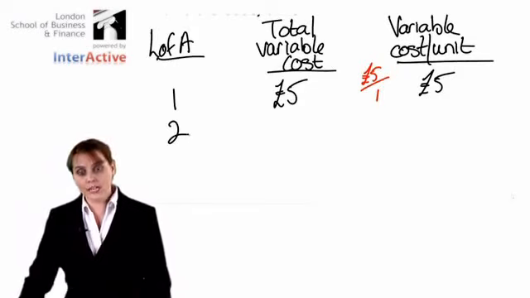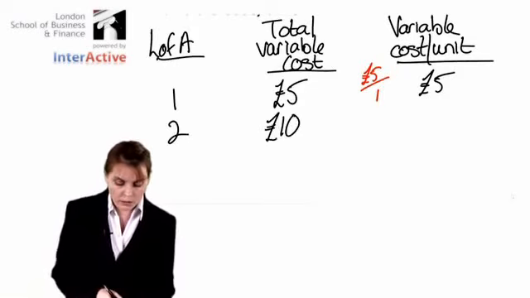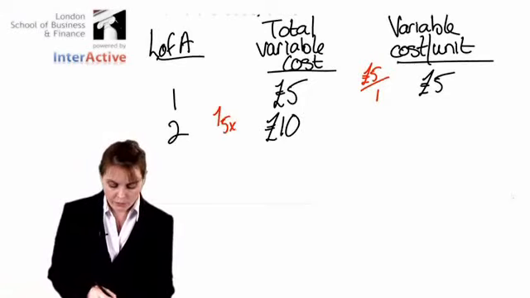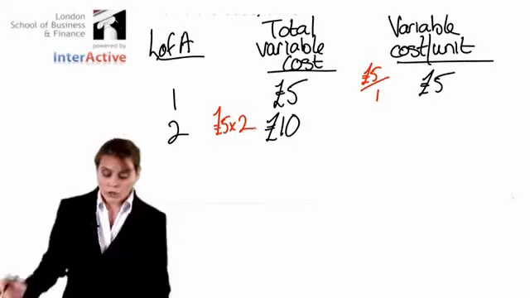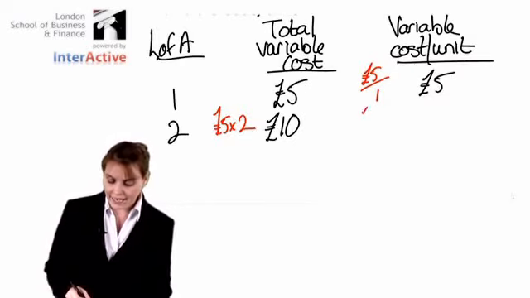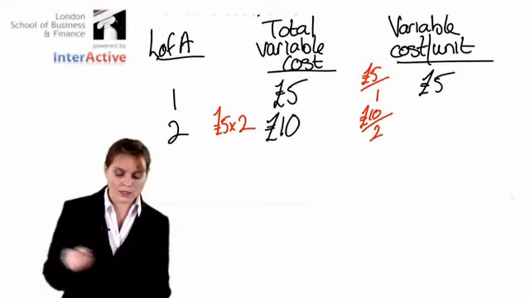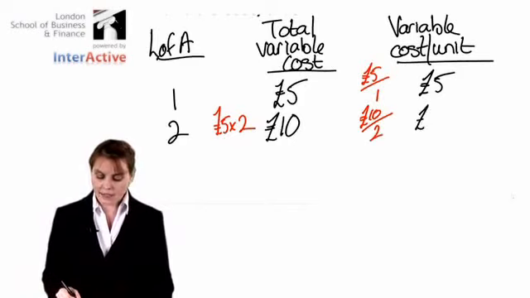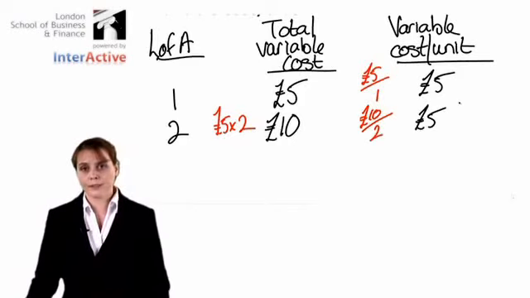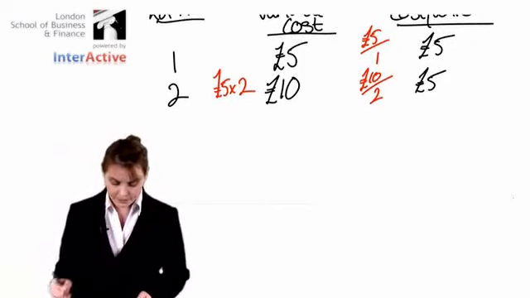So if our activity has doubled, our total variable cost will also double. So it'll be £5 times 2. So if we calculate then our variable cost per unit as total variable cost divided by the number of units, we'll get 5.